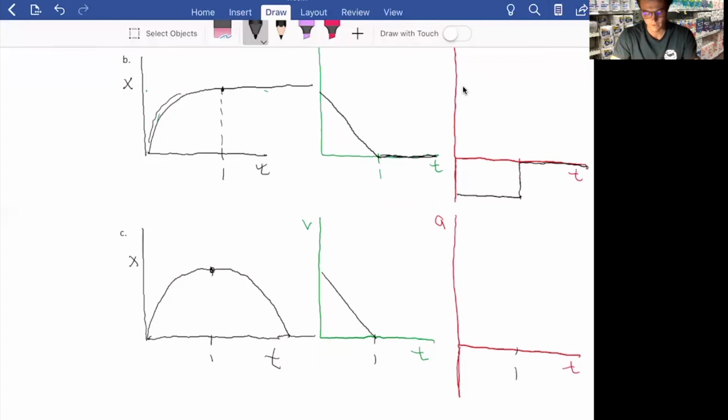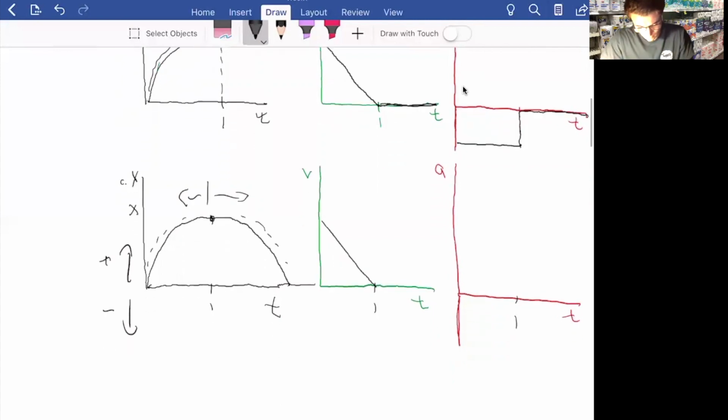Okay, so again, it's increasing in the negative direction because we determine that this is the y-axis, and going this way in the y-axis is positive, going that way in the y-axis is negative, right? So in the first half, from this point on, we are going in the positive direction, and from this point on, we're going in the negative direction, okay?